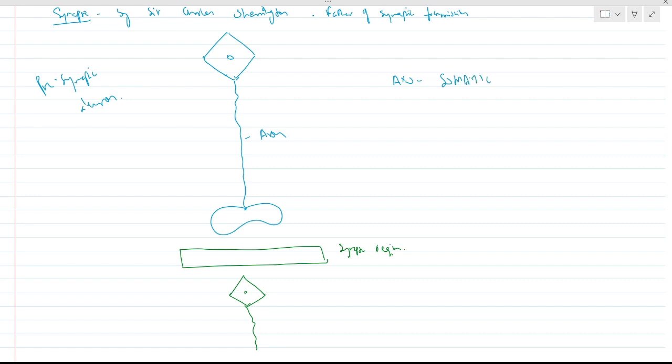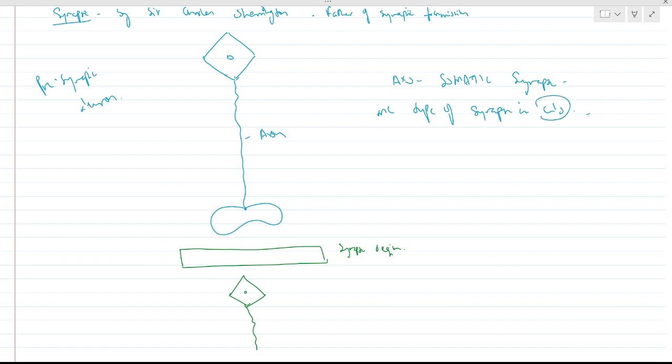It is the most common type of synapse in the CNS.